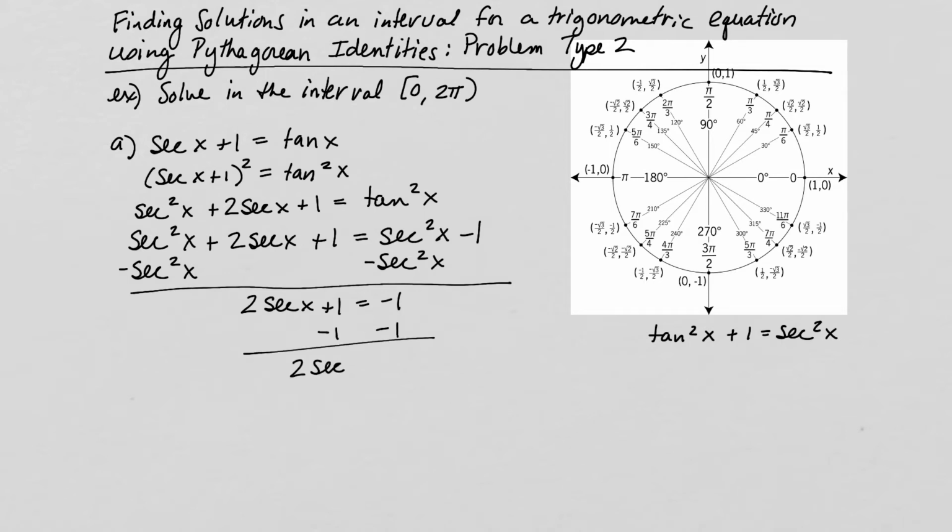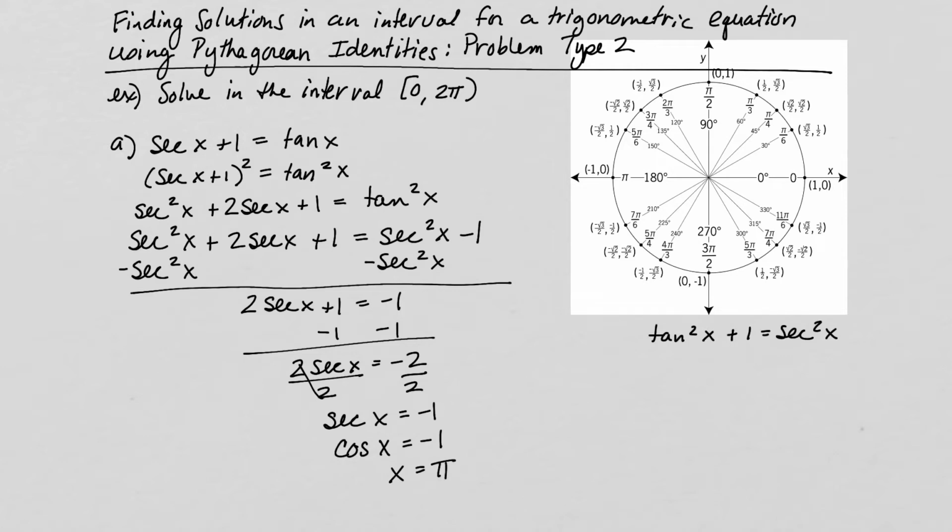So I have 2 secant x equals minus 2. Divide everything by 2. So we have secant x equals minus 1. And so we're looking for where the secant is equal to minus 1. Remember, the secant is the cosine flipped over. So we're really looking for where the cosine of x is equal to minus 1. And that happens to occur at pi.